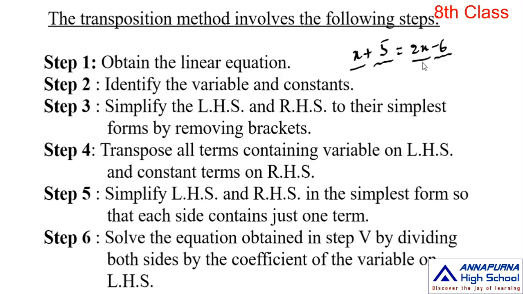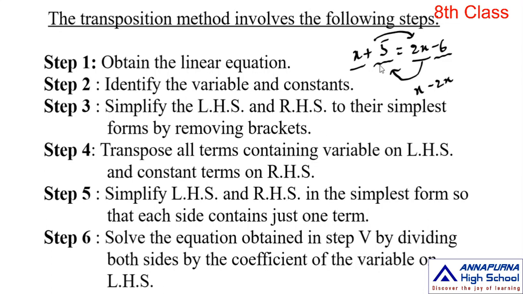Now you transpose this 2x, this variable term, to the left side, and this constant term to the right side. When you transpose this term from the right side to the left side, it has a plus sign. Now when you transpose it to the left side, plus 2x changes to minus 2x.